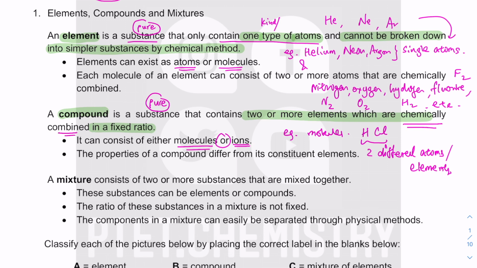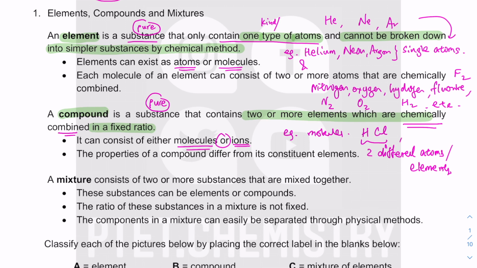They are chemically combined in a fixed ratio because there's one hydrogen atom and one chlorine atom. So the ratio is 1:1 here according to the formula, and this will make more sense when you come to chemical bonding in the next topic. You will have come across HCl when we did the diffusion question earlier in topic 1. So it's not like the first time you have seen this.